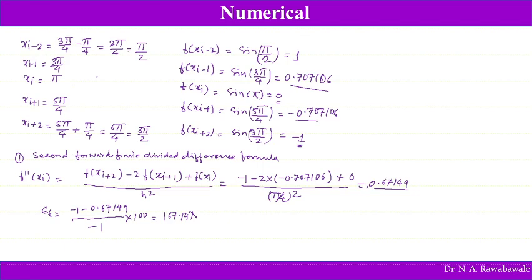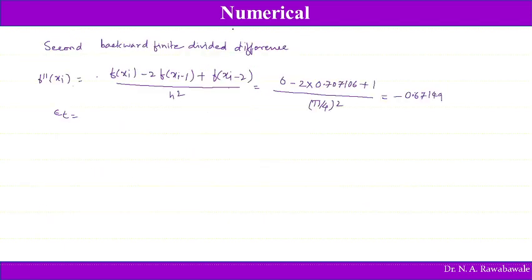Okay, so again this error is going to be minus 1 minus minus 0.67149, whole divided by minus 1 into 100.